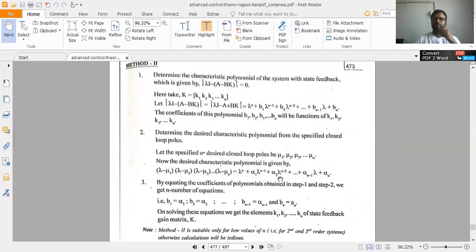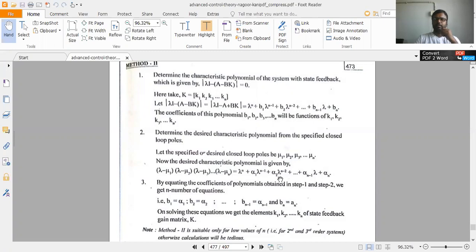After equating these two equations, we get v1 is equal to alpha 1, v2 is equal to alpha 2, and so on up to v(n minus 1) is equal to alpha (n minus 1), and vn is equal to alpha n.